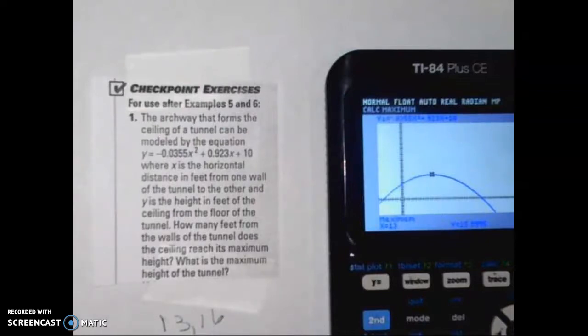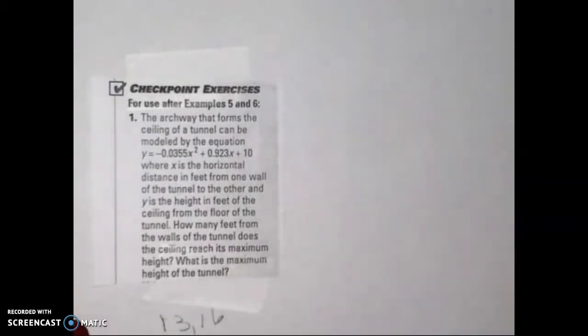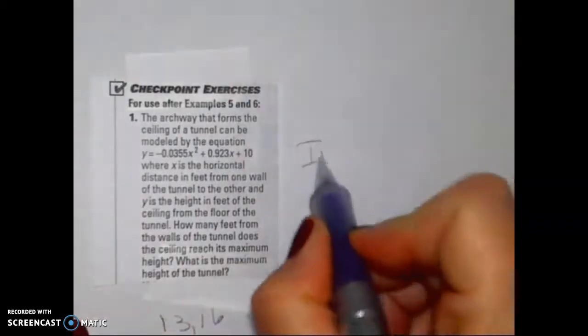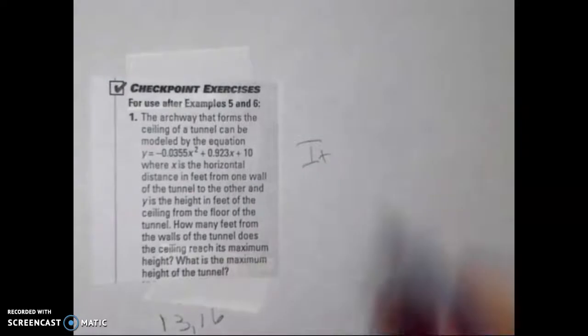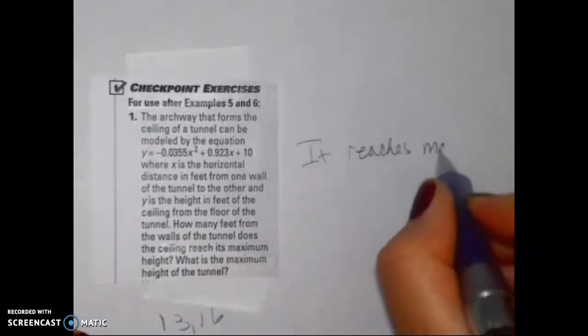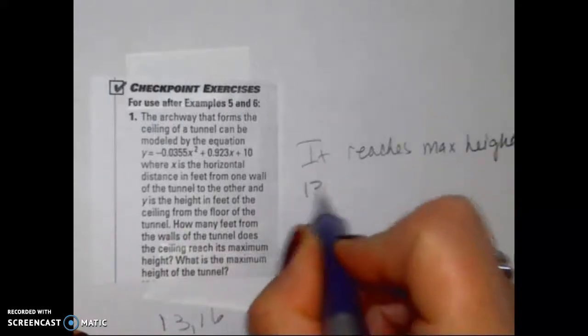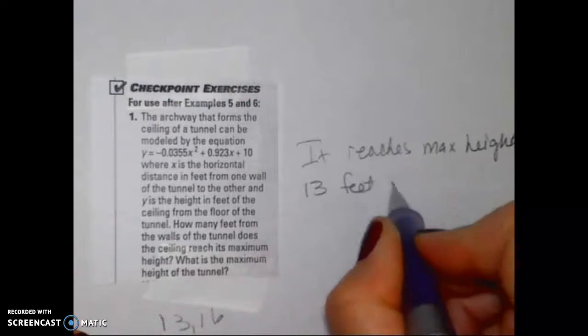So how many feet from the wall of the tunnel does the ceiling reach its maximum height? Let's answer the question. It reaches max height 13 feet away from the wall.